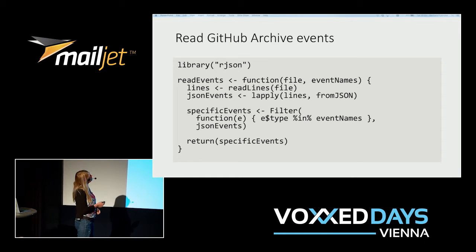I wrote a function. This is how you define a function, basically. I read the lines from my file, and I applied fromJSON. This is a function from the rjson library. You can use any function you want, to be honest. And I got my JSON events.